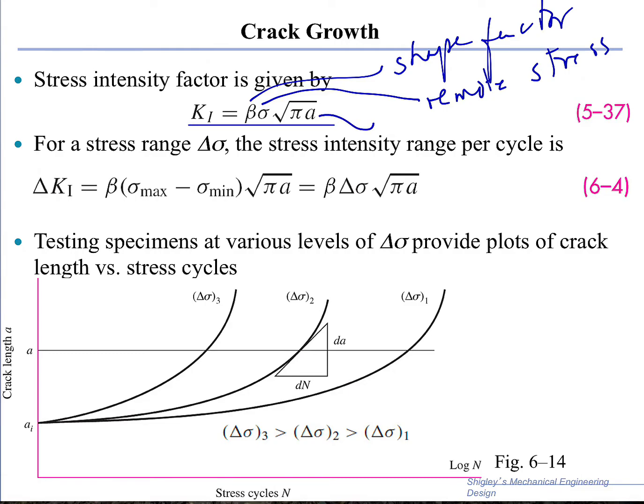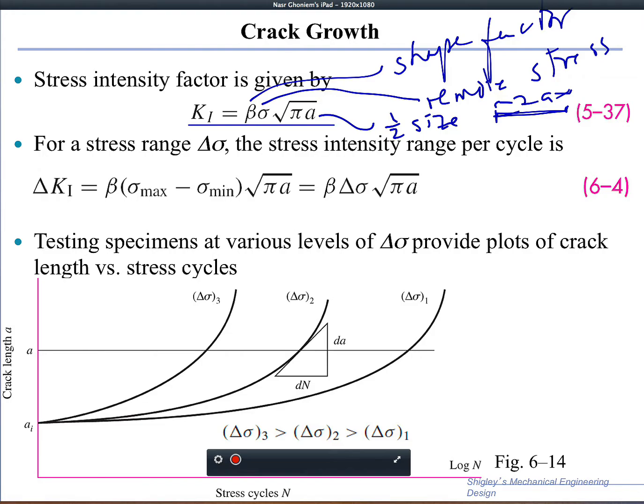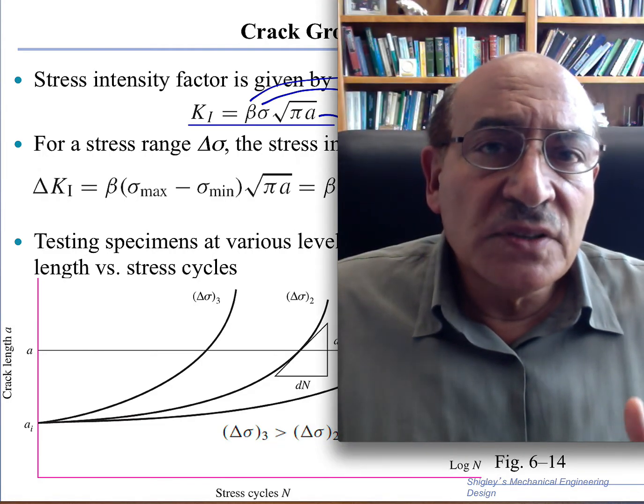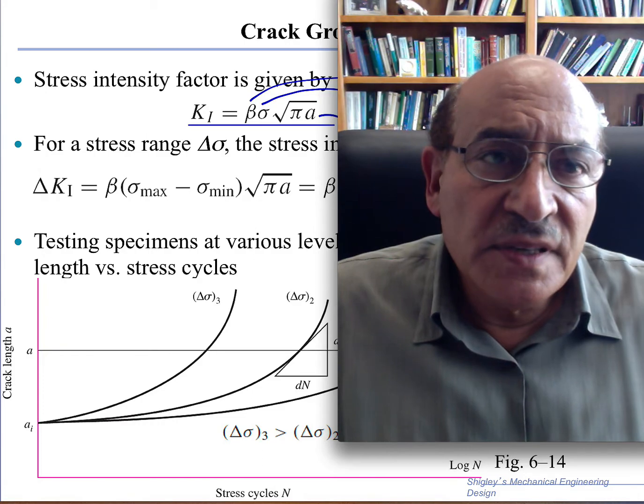And a is the half size of the crack. So if I have a crack like this, and the size is 2a usually if it is an embedded crack, if it is an edge crack, the size is just a, because it's half. Now, if I'm cycling, what happens is that the stress will go up and down in time.